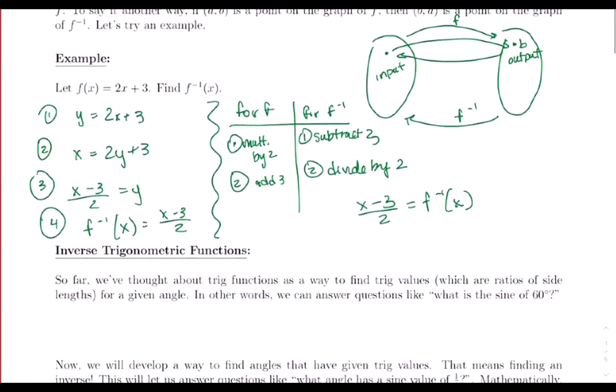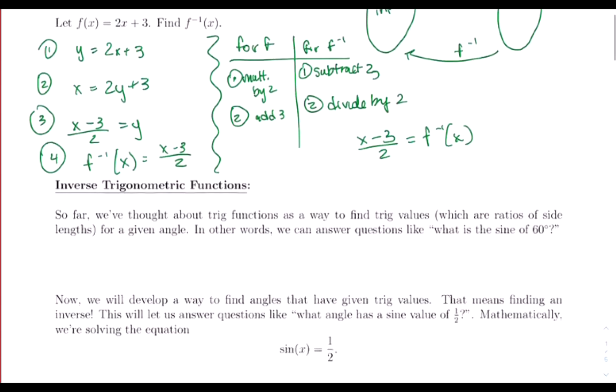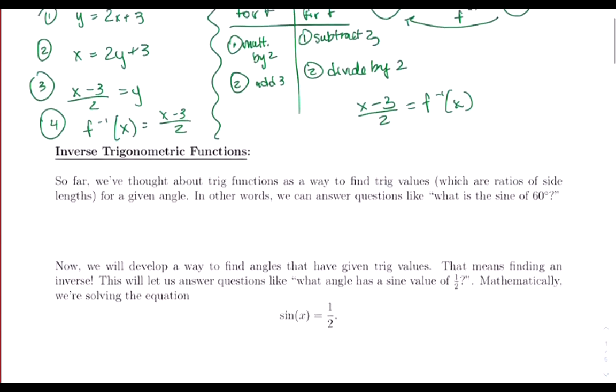Okay, so trig functions work similarly. So let's first talk about what a trig function is actually doing. Let's be reminded about that. So you have like sine of 60 degrees gives you root 3 over 2. The sine of some angle gives you a number.